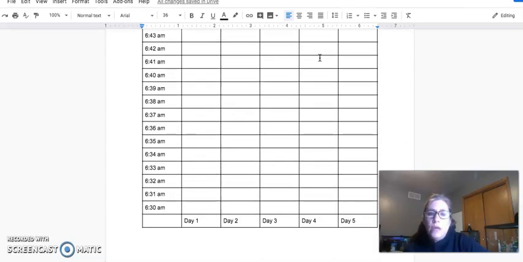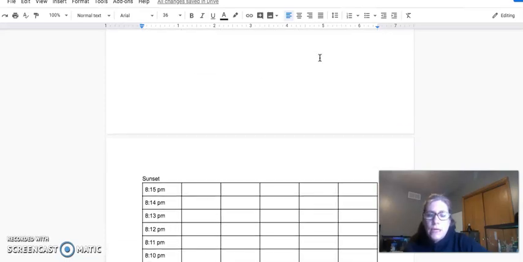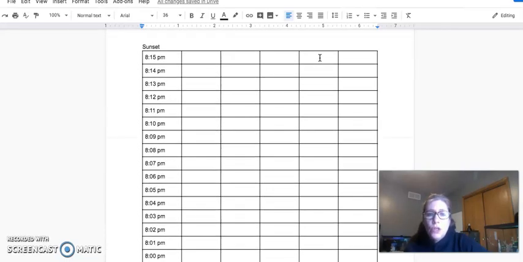So the same way that we are making a graph for the sunrise, we need to make one for the sunset. Again, this will need to be on a separate piece of paper because your first one probably took up most of the page.